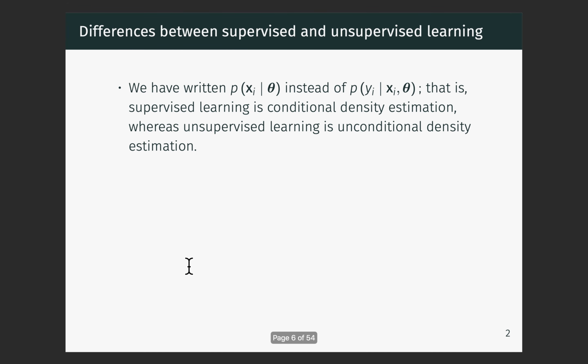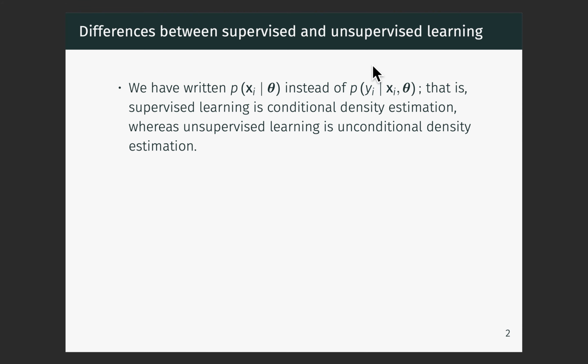But if we look at the comparison between supervised and unsupervised, the first thing we should note is that in the case of supervised learning, corresponding to each x_i, there was the output label y_i. And thus, we were trying to model the probability of the output variable given the input and the set of parameters theta.